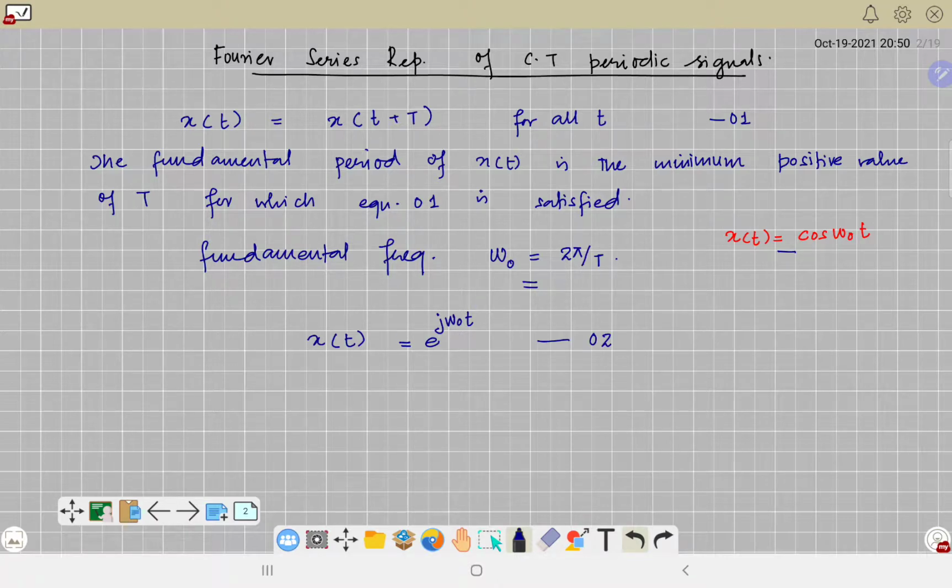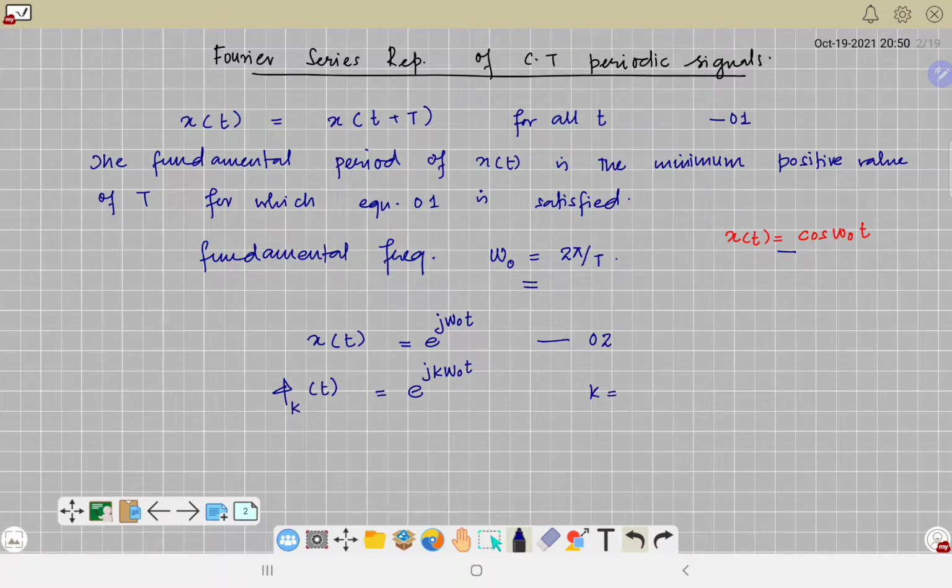Right? Now if I define a series of signals, we have x of t equal to e raised to the power j omega naught t. I will represent it by phi subscript k as a function of time, e raised to the power j k omega naught t, right?